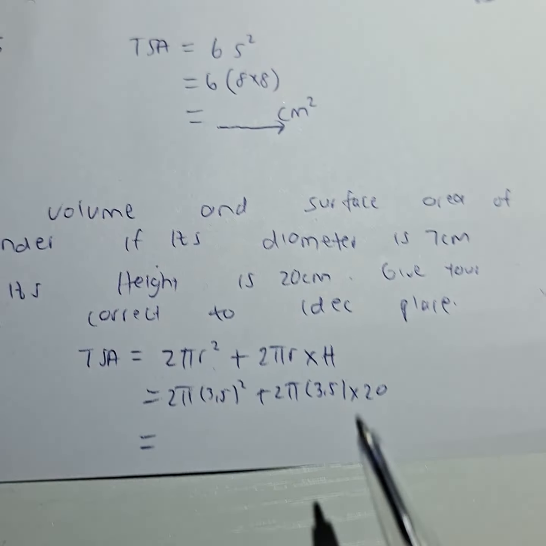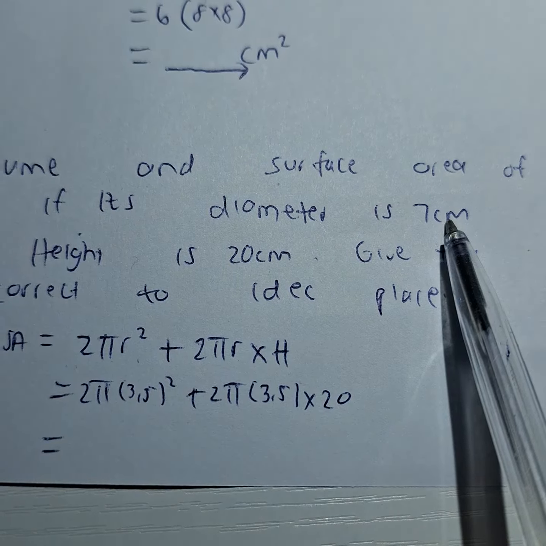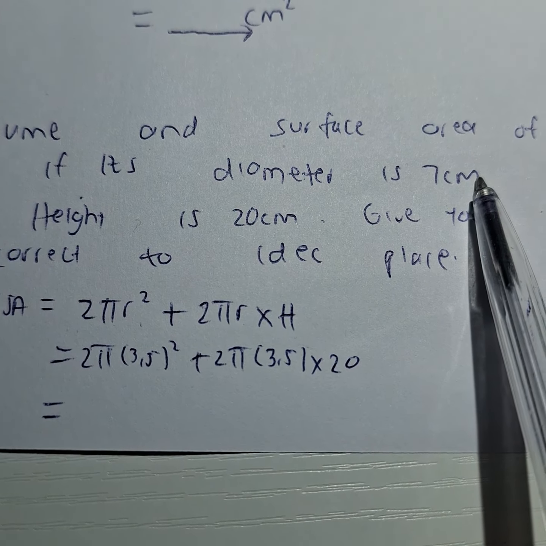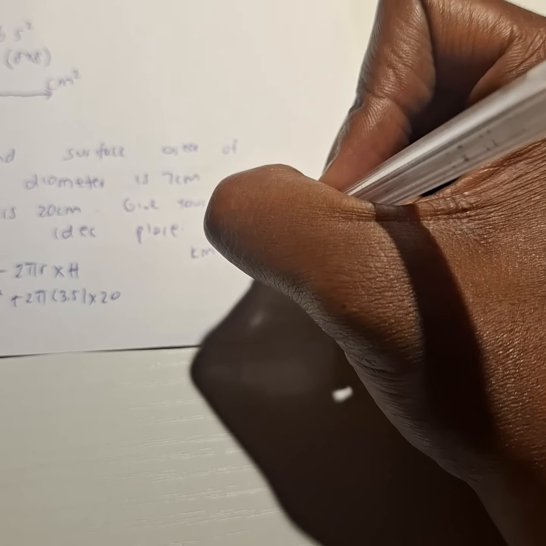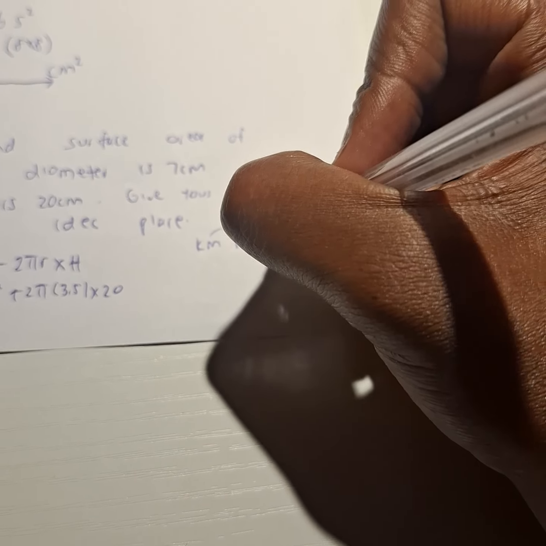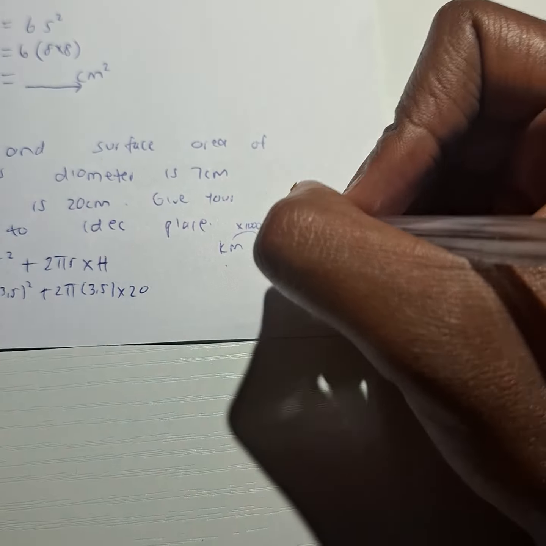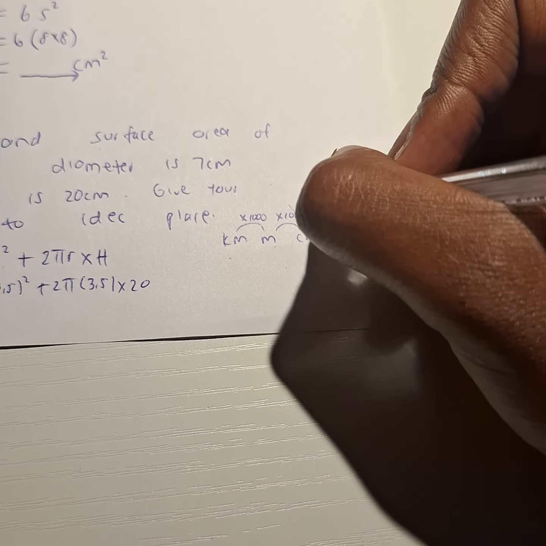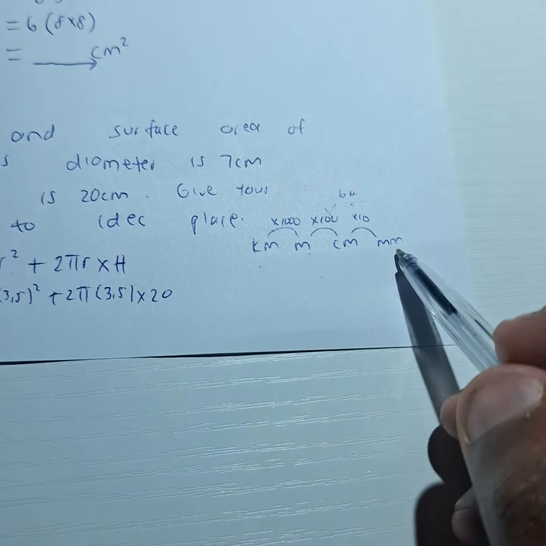Something else we note here is that we check if the units are written as being in the same unit. Because if, let's say, this was in millimeters and this was in centimeters, then it becomes imperative for us to do our conversions. We need to always make sure that our units are the same. Kilometers to meters we times by 1,000, meters to centimeters we times by 100, centimeters to millimeters we times by 10, and then vice versa.